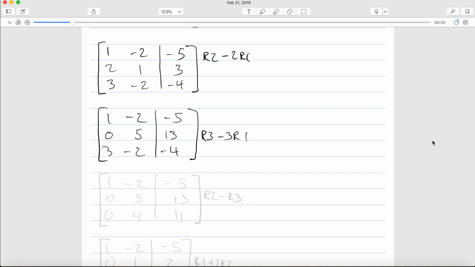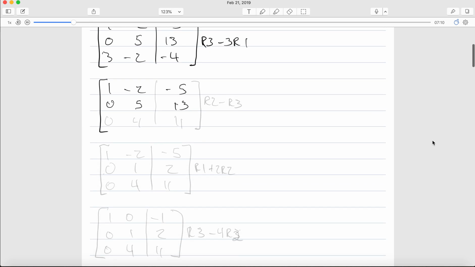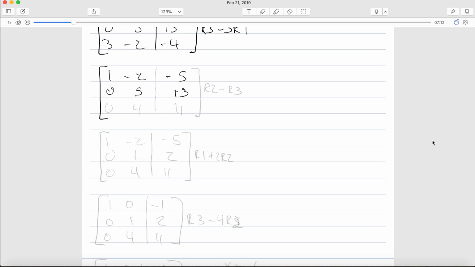So 3 minus 3 is, this is still 1, negative 2, negative 5, 0, 5, 13, and 3 minus 3, 0. So I now have negative 2 minus negative 6, right? 0. Oh, crap, what did I do?